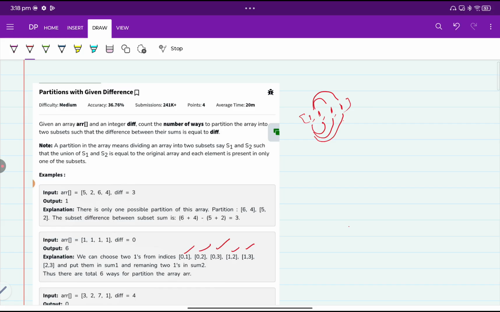This is how we divide this array into sub arrays.